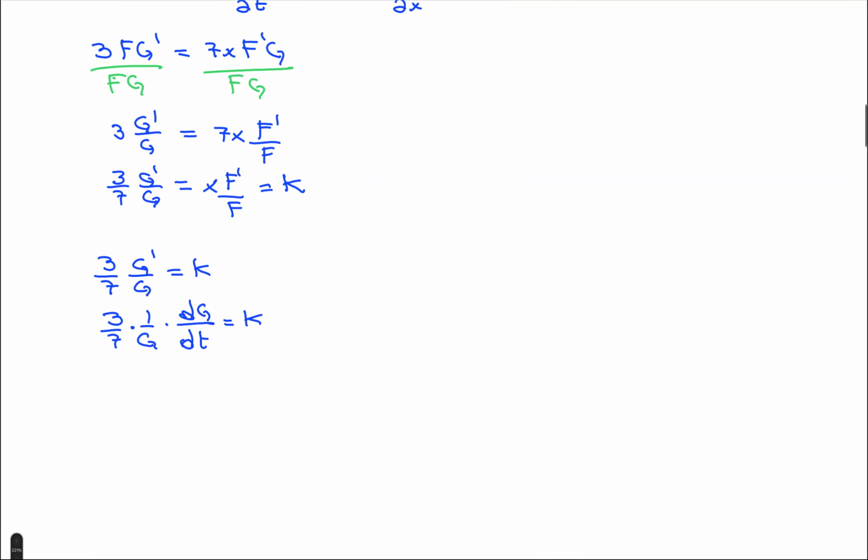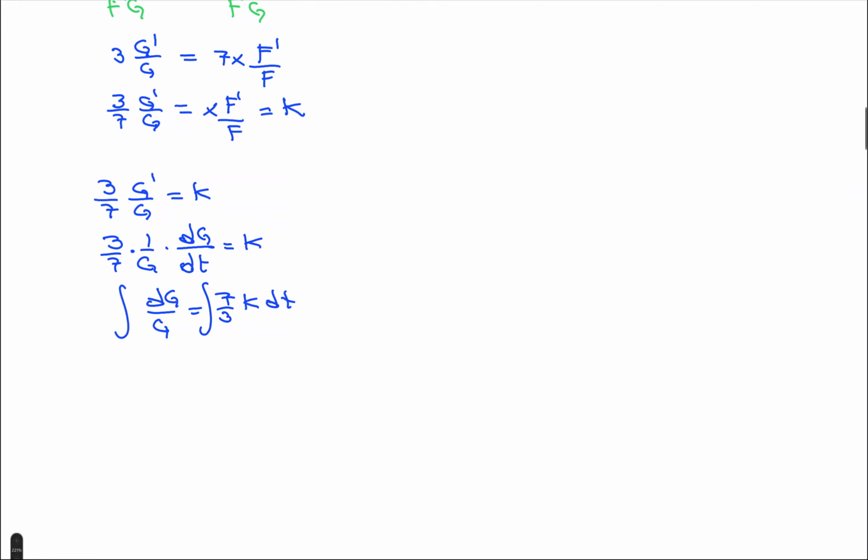All right, so I'm going to separate the variables over here. So that's going to leave us with dg over g, really. And I'm going to multiply both sides by dt and also multiply by the reciprocal of 3/7, which is 7/3. So that's going to leave us with 7 over 3 k dt. And at this point, we should be good to go and integrate both sides of the equation.